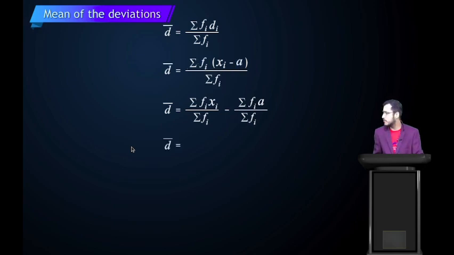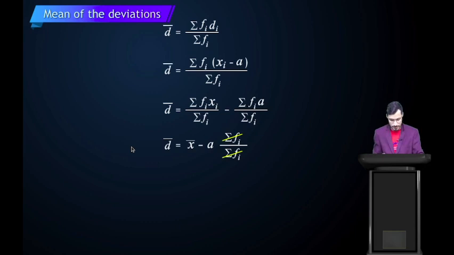Now you can see here, students, the value of sigma fx by sigma f, that is the formula of the mean x bar. So d bar is equal to x bar minus a sigma fi divided by sigma fi. So here basically we can cancel out sigma fi by sigma fi.